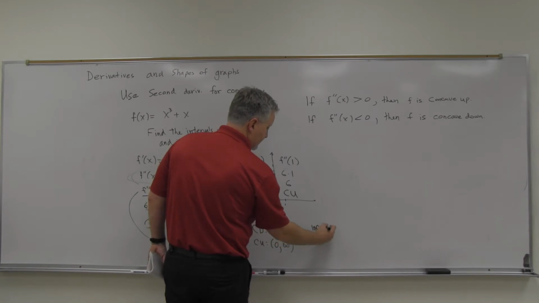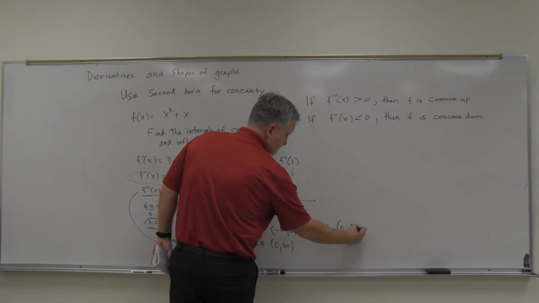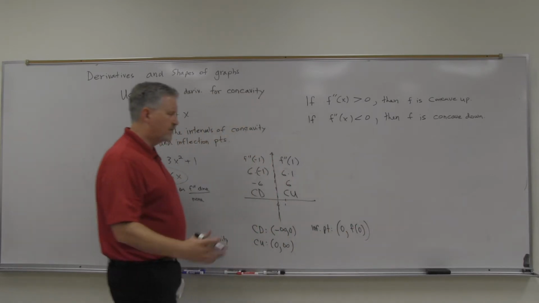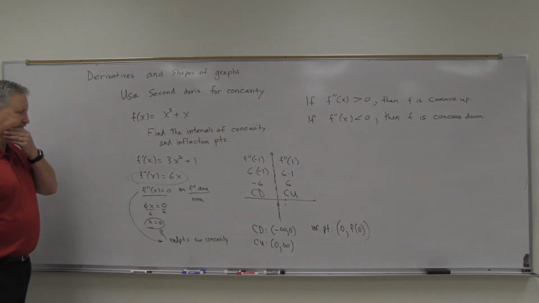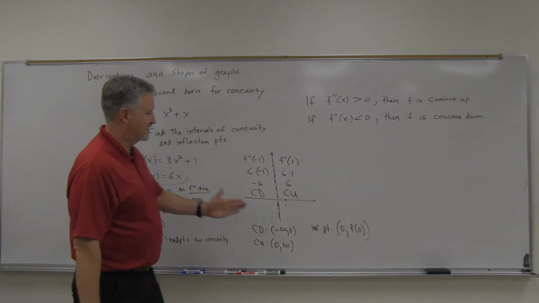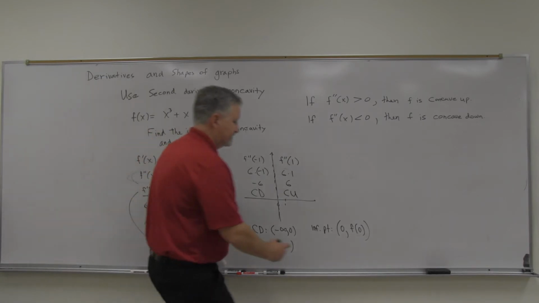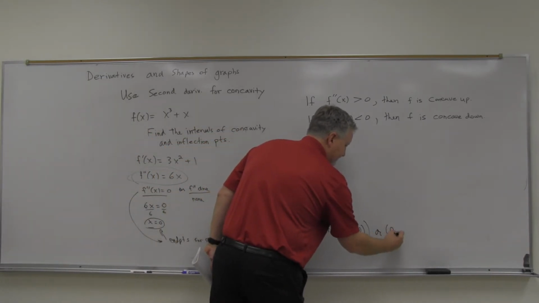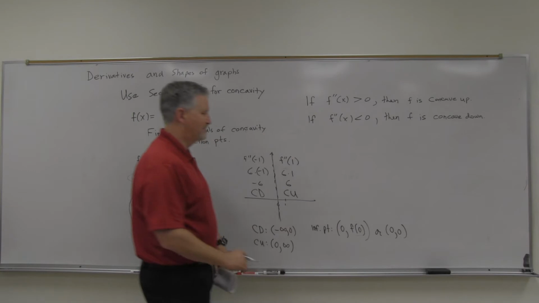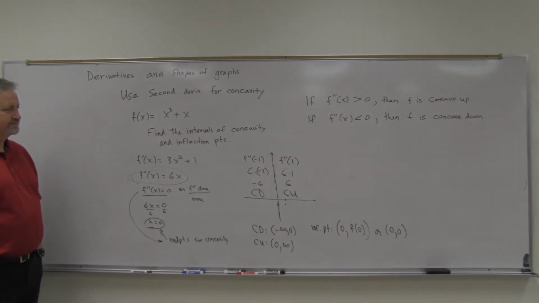So yeah, we do have an inflection point at 0. And if you want to, you can write it as 0, f of 0 as the point. In this case, that's an easy one to compute. F of 0 would just be 0. So it's 0, 0. Okay?